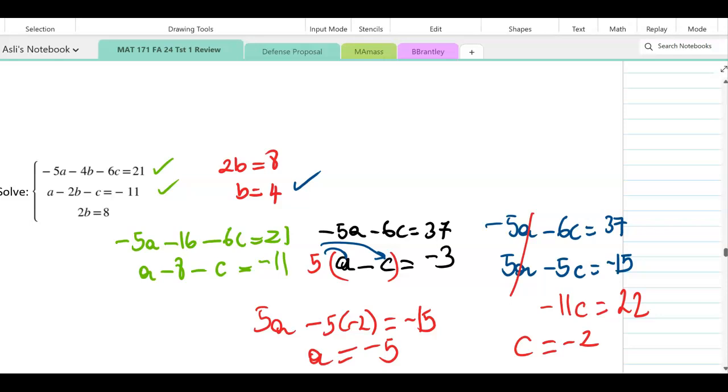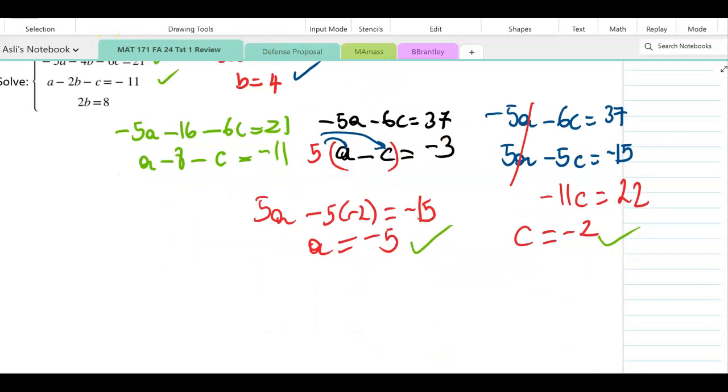Okay, so these will be b is 4 and c is -2.